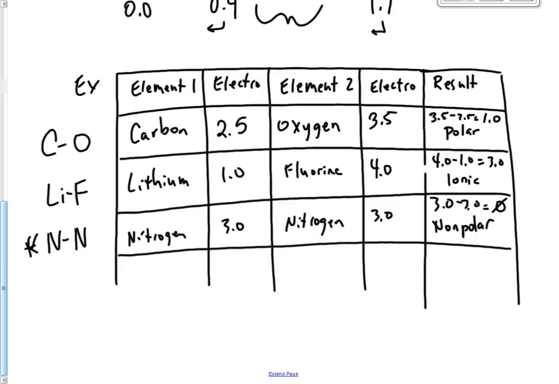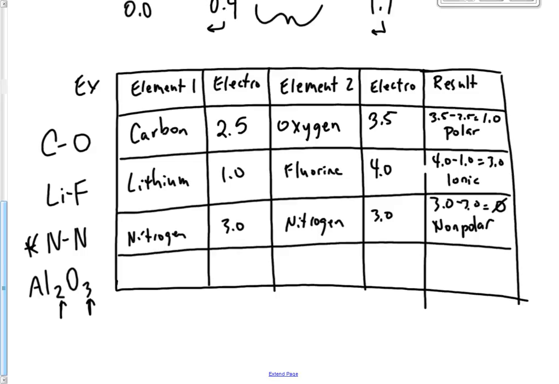Let's say that we have a formula of Al2O3. Okay? You don't have to do anything with the fact that there are 2 aluminums and 3 oxygens. You don't have to worry about that. All you have to worry about is what are the 2 different elements.